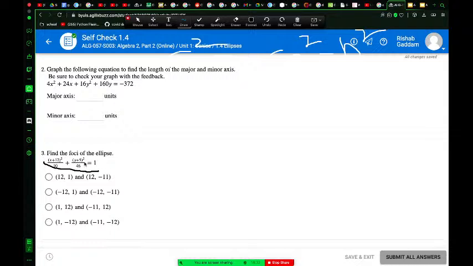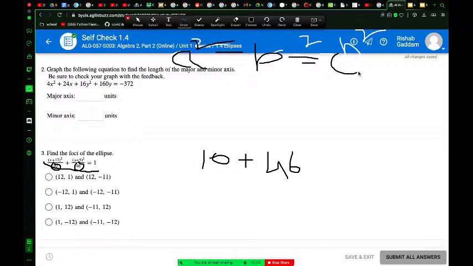So what we have to do is 10 plus 46, because you have to remember that this is A squared by itself, and this is B squared, so we don't need to square it anymore to do the Pythagorean theorem thing, like A squared minus B squared is equal to C squared. There's a B squared right here. This is already squared, so if we add these two, it's going to be 56.